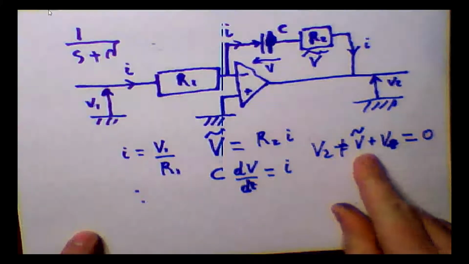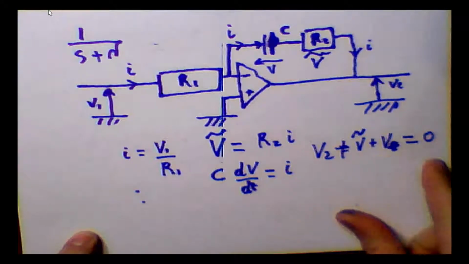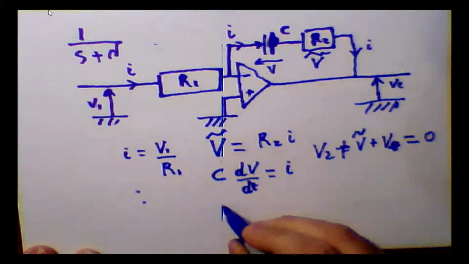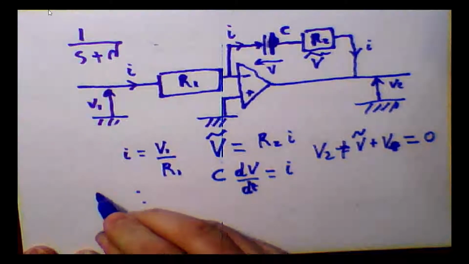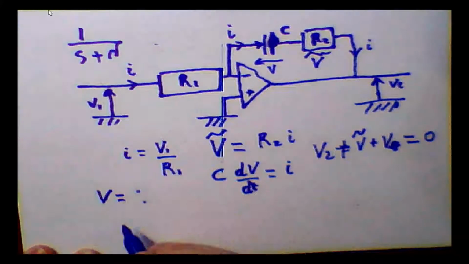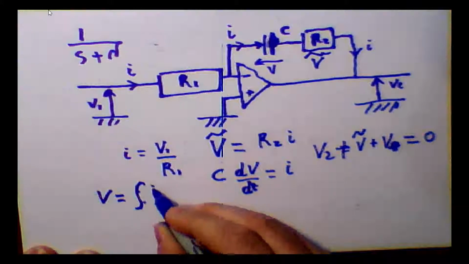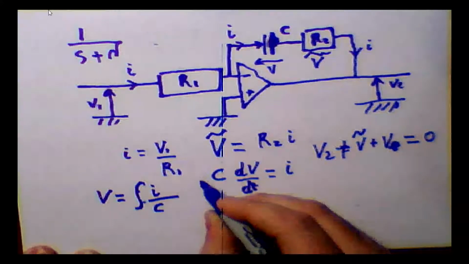So V2 plus V tilde plus V is equal to 0. Now, first we write that V is equal to the integral of I over C from this equation.